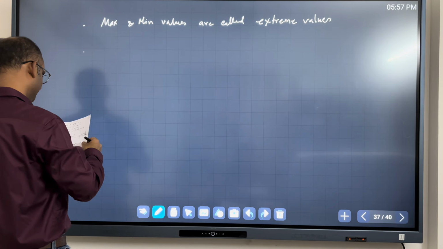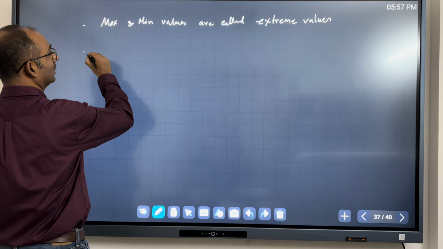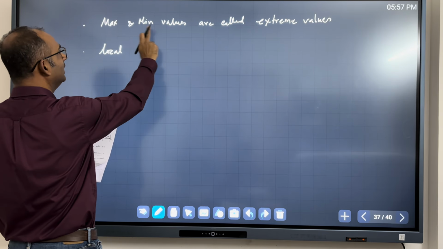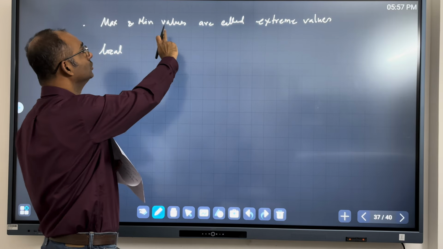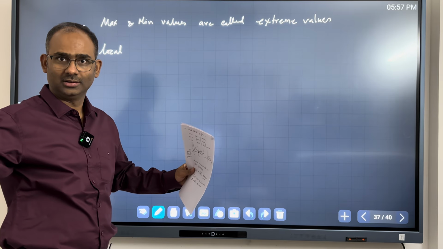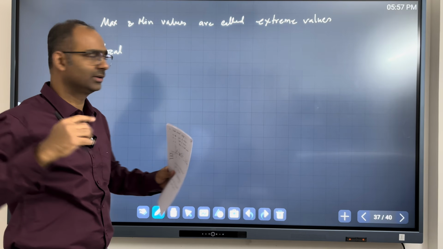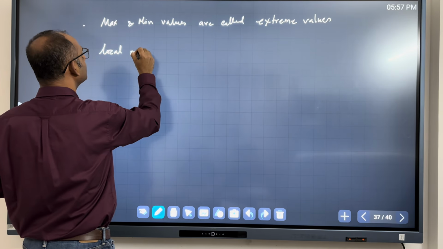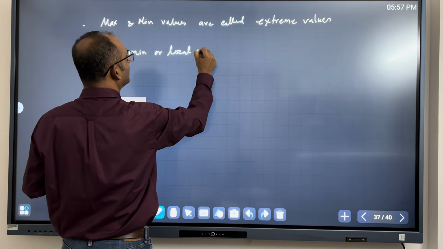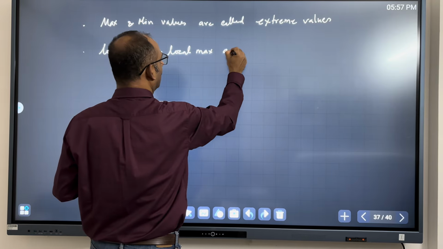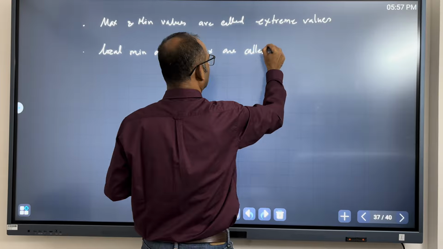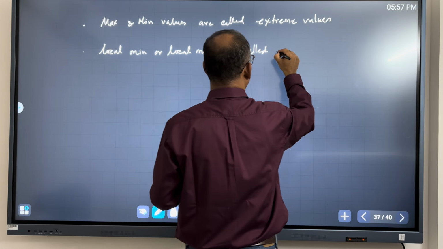Now, if you have a local minimum or a local maximum, this one is not referring just to local minimum or local maximum. It could be a global. So local minimum or local maximum are also called relative extrema.